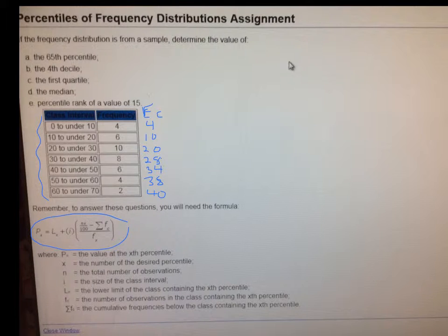And then the other thing that we need is the cumulative percent. That's just going to help us find the right interval to start with. If we take the percent out of 40, that's not right.